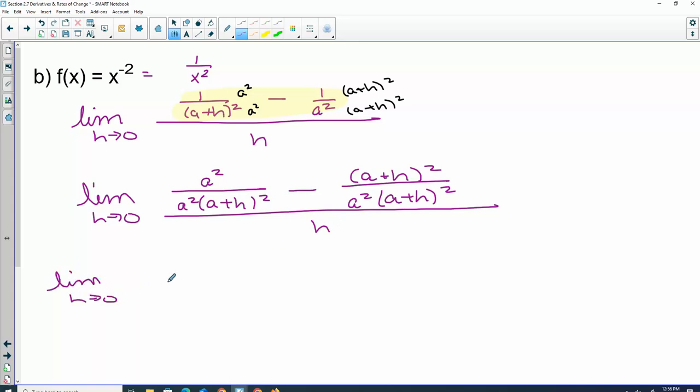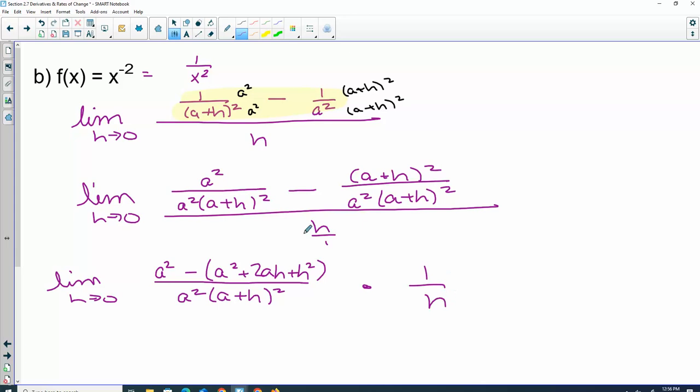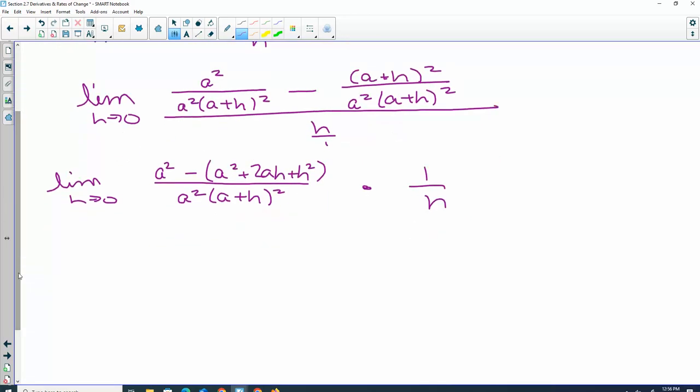Now what? Combine. My denominator is a squared plus h squared. Can I multiply out the top? It'd be a squared minus, if I FOIL over here, a squared plus 2ah plus h squared. This whole thing was divided by h, so I'm going to write times 1 over h. But we will multiply. Distribute our negative.